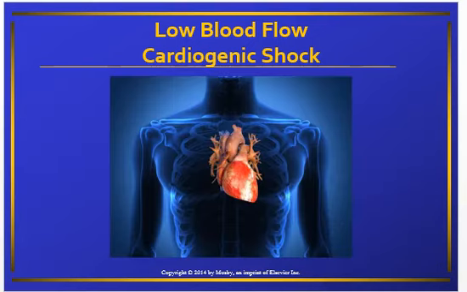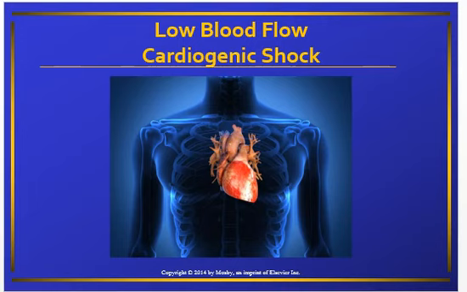So no matter what the cause is, the patient experiences impaired tissue perfusion and cellular metabolism with cardiogenic shock. Let me say that again. No matter what the cause is, the patient experiences impaired tissue perfusion and cellular metabolism with cardiogenic shock.